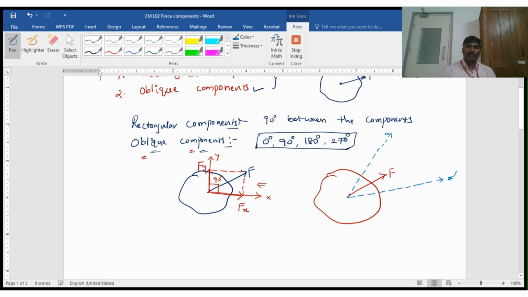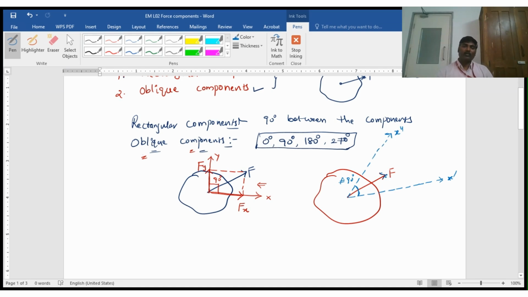Or else you take some other x double dash. If your forces are along these two directions, this is not 90 degrees, but some other angle, whatever it may be.